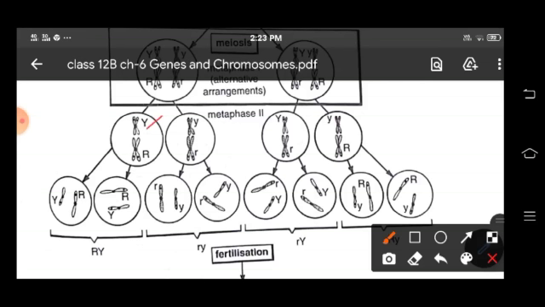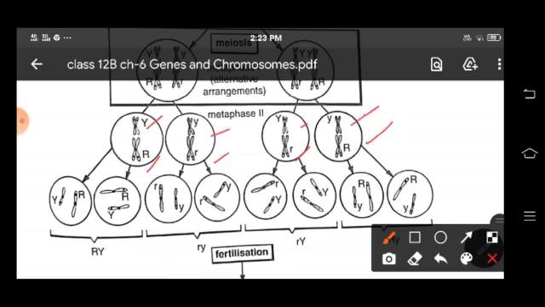See here: round and yellow, wrinkled and green, then yellow and wrinkled, then green and round.